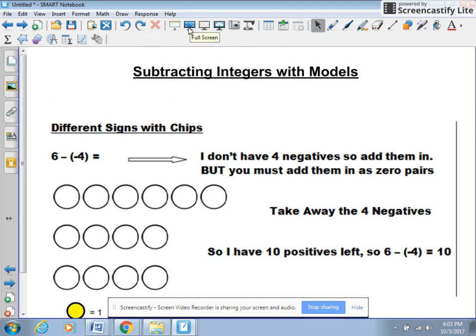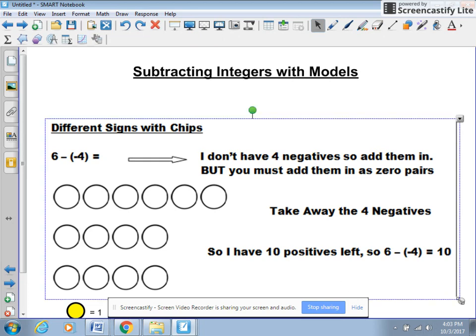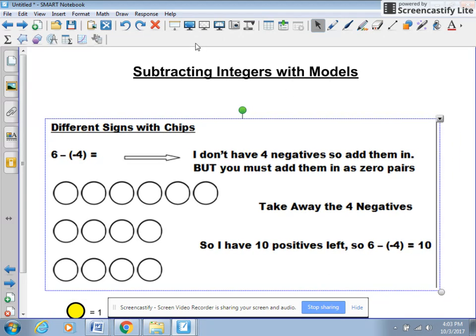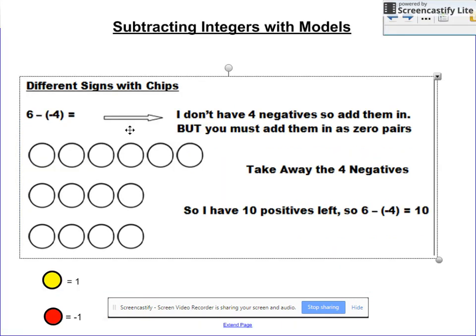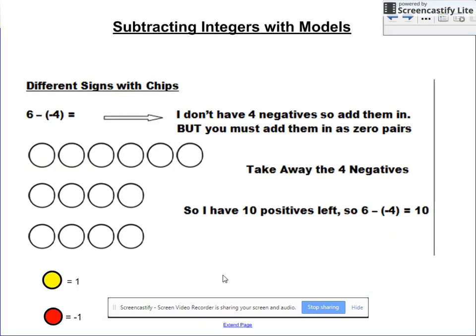Sometimes you have different signs with the chips that you're going to have to model as well. So in this instance, we have 6 minus negative 4. So first I'm going to do my 6 positives here.